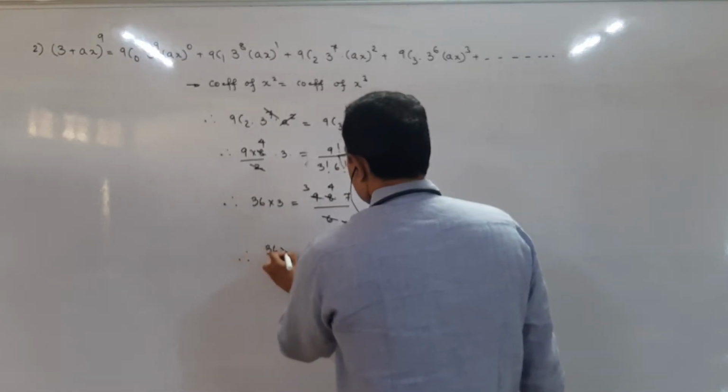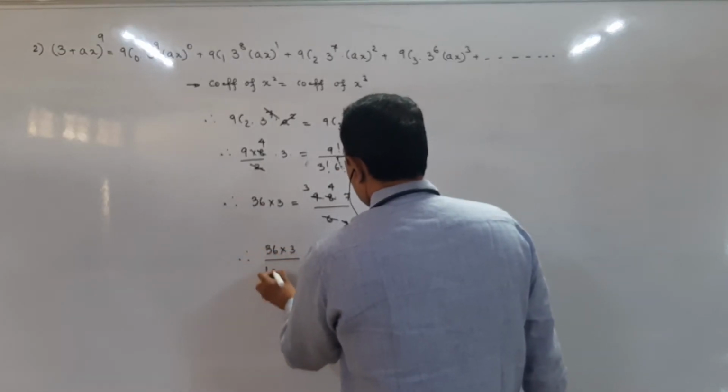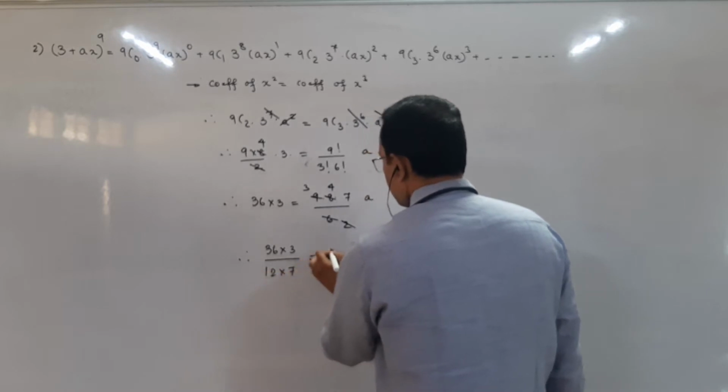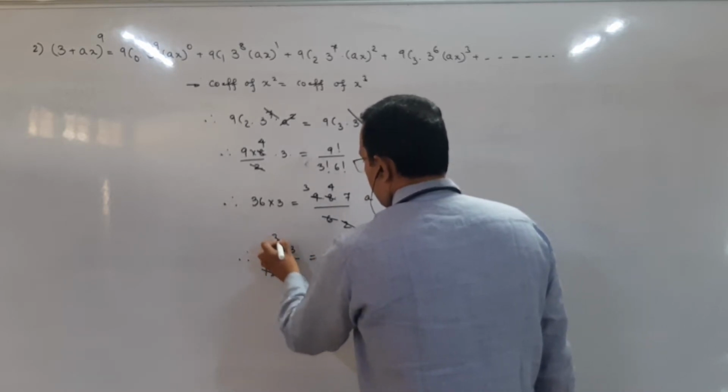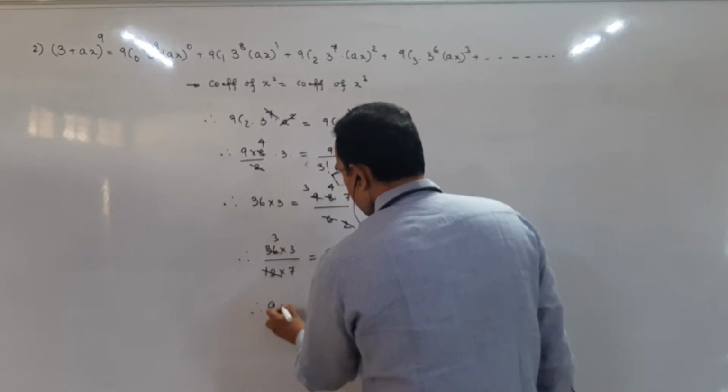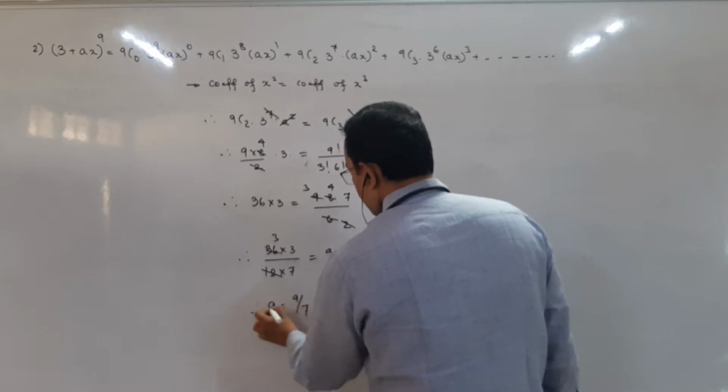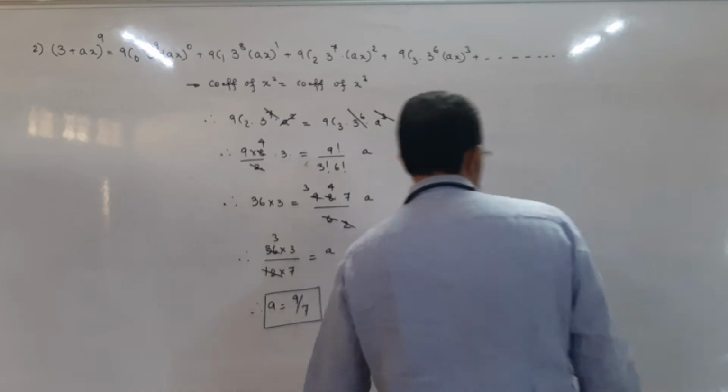So 36 into 3 upon 12 into 7 is equal to a. 12 ones are 12, 12 3s are 36. So the answer of a is 9 by 7. This is comparatively very easy.